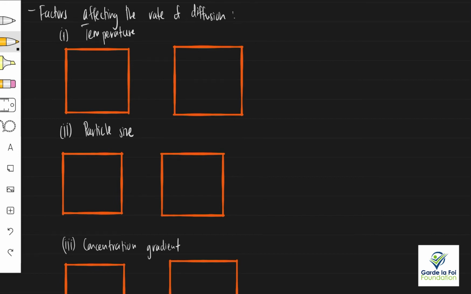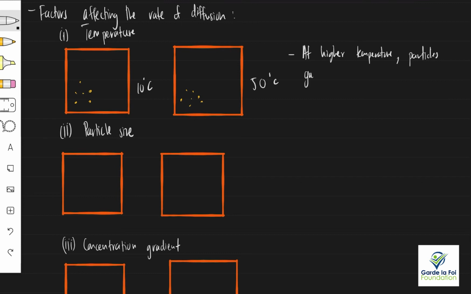So with temperature, when you have particles in a system at, let's say, 10 degrees Celsius, and we also have another system at 15 degrees Celsius with the same number of particles, the particles in the system with higher temperature will move faster because at a higher temperature the particles gain kinetic energy and move faster. Henceforth, a higher rate of diffusion.